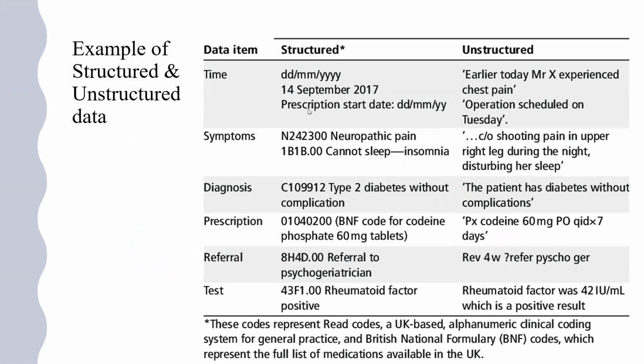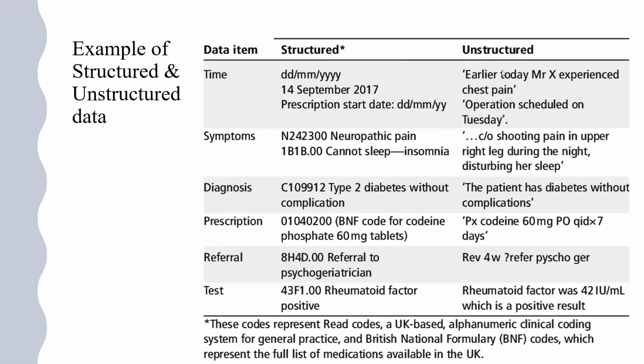This is a simple example of a doctor's appointment prescription. We have different fields the doctor is prescribing: time of the appointment, symptoms the doctor has observed, diagnosis, prescription, referral, and test.